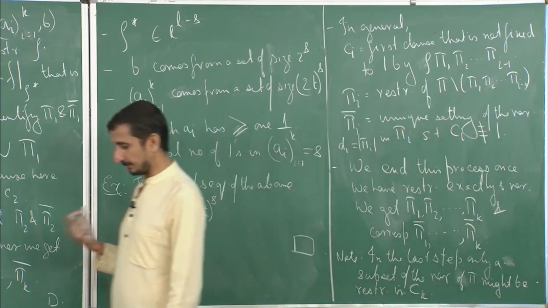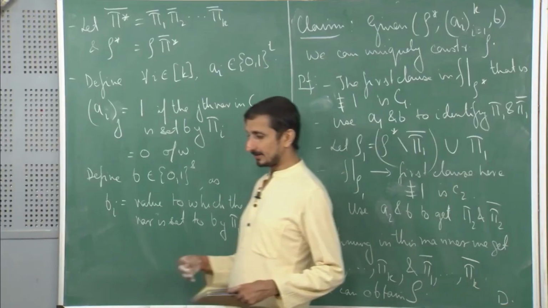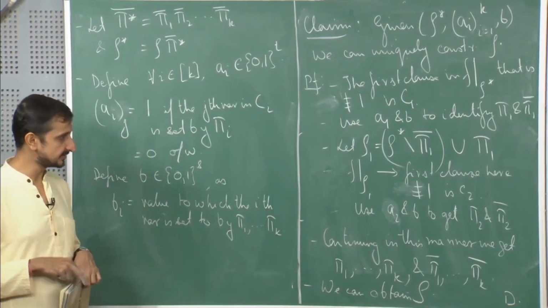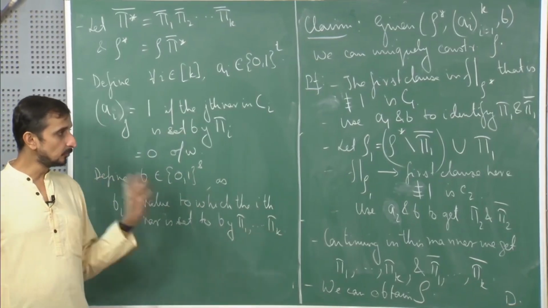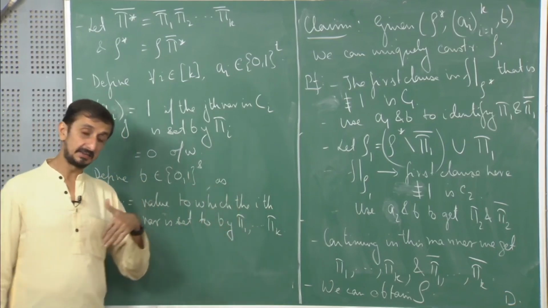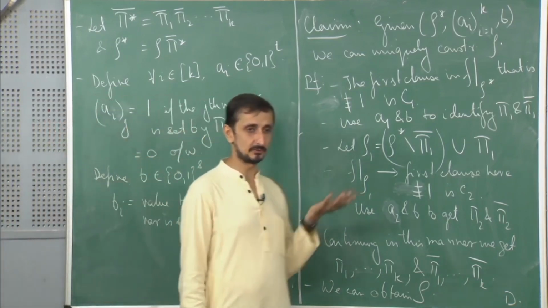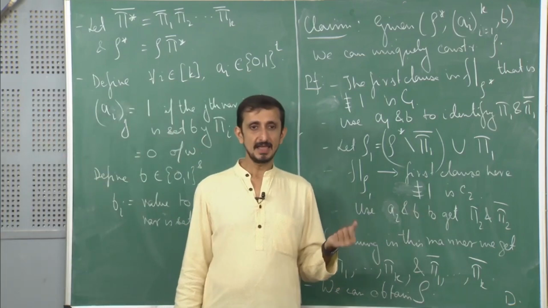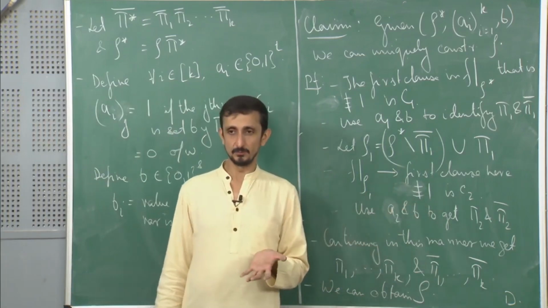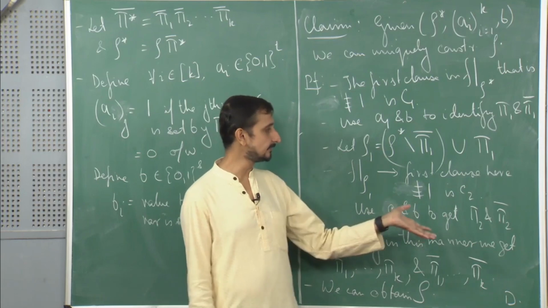So, of course, this is a very complex proof. One more thing that I should mention here is that this proof was given by Hastad during his PhD. It was part of his PhD thesis, and the proof that he gave was slightly different. He gave a probabilistic argument. He did not explicitly give the construction.